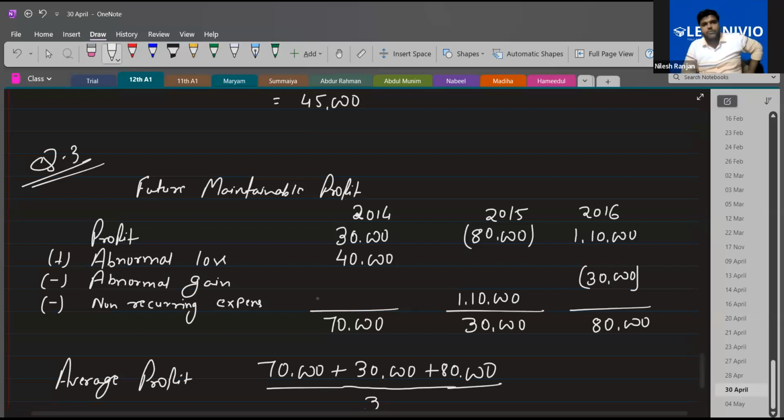Please write this and tell me when you have completed. This is a very important question. This type of question is asked in the examination.